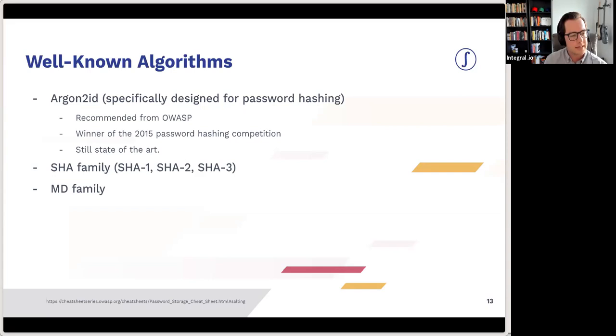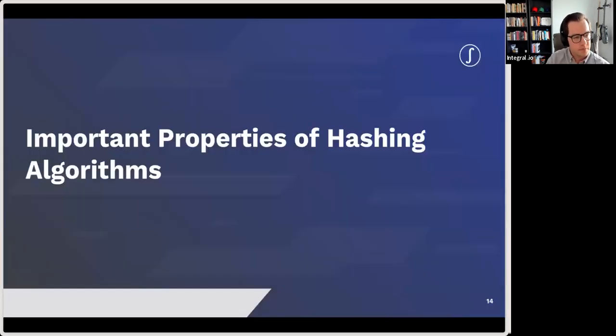One thing to note is that as computers become more and more capable, these algorithms need to be updated, and they need to output larger hashes in order to maintain that computational infeasibility, right? So SHA-1 is no longer recommended, or MD2, no longer recommended. We'll get into why that is in a second.